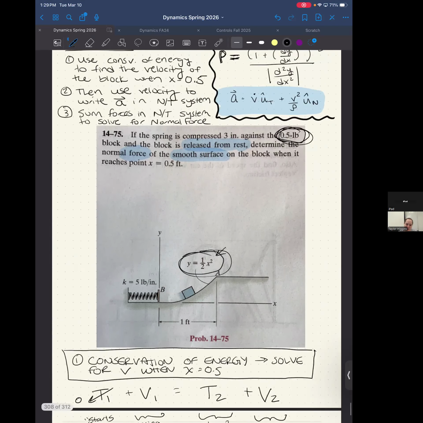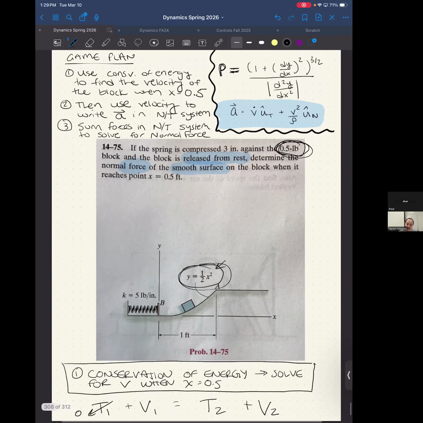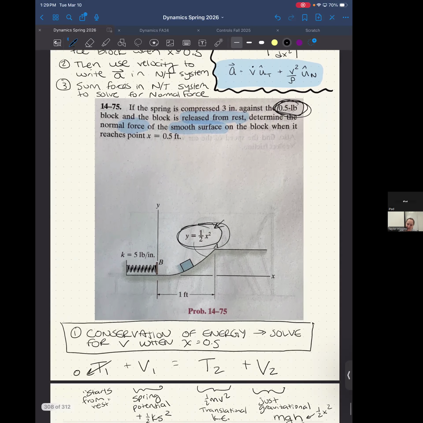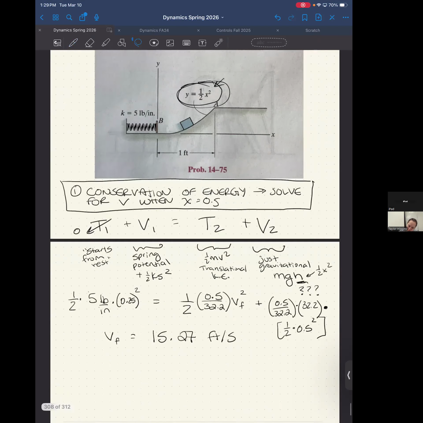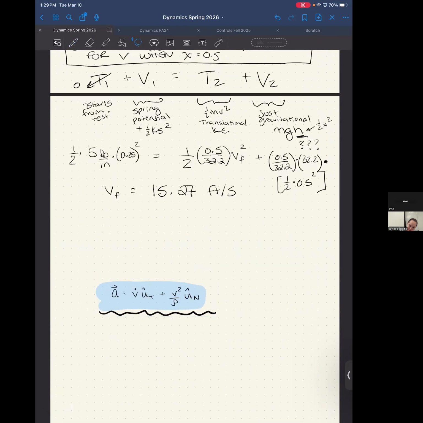What's our next step? Now we want to use velocity to write acceleration in terms of the NT system. Okay, so I'll go grab this equation. Come on, pen work. Copy. Paste. Step 2: use v_f to write a in NT system.